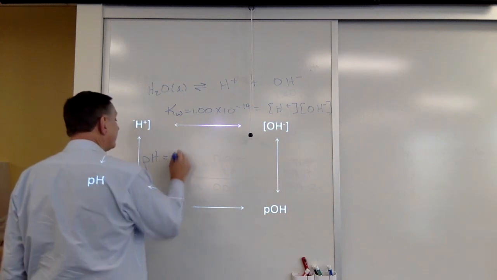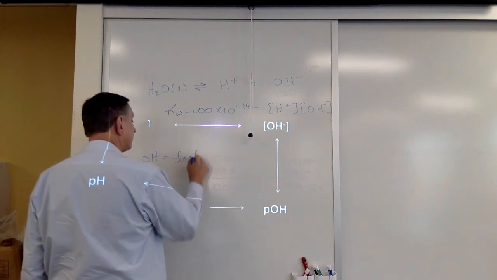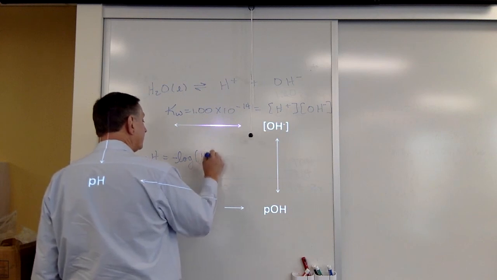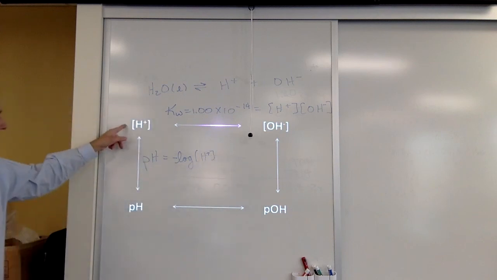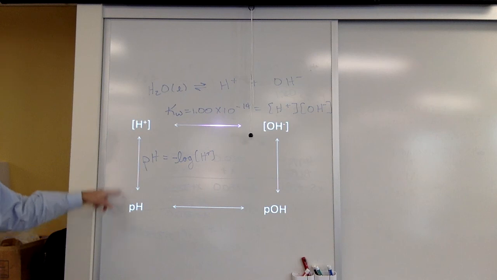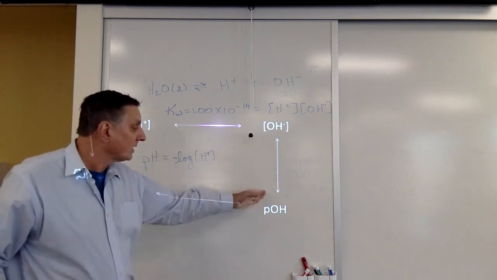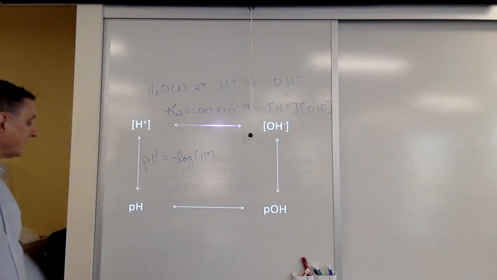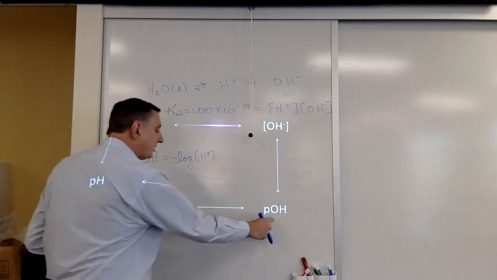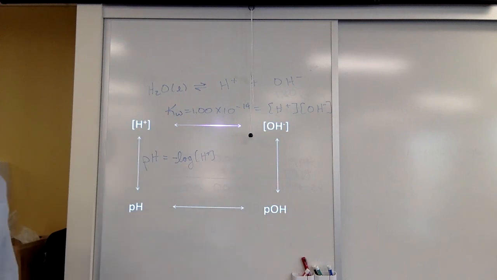I can convert between hydrogen ion concentration and pH easily by this equation, just like on the previous slide. I showed you that correlation. And pH plus pOH is equal to 14.00.